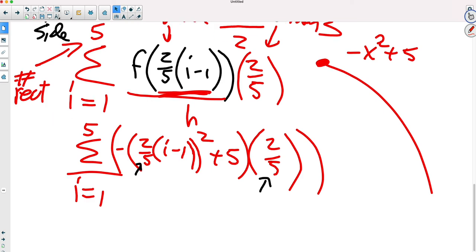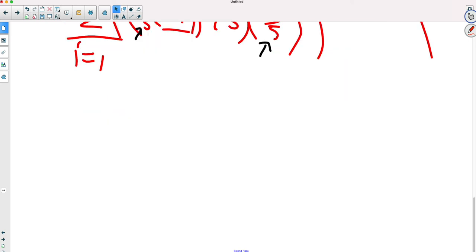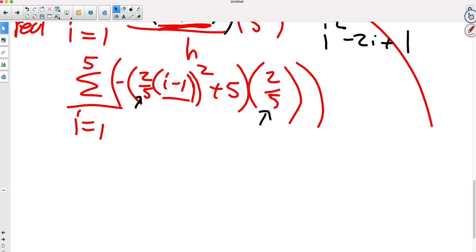So here are the steps. First, we've got to simplify all of this. Well, I hope by now we know what i minus 1 squared is. I can do that off to the side. i squared minus 2i plus 1, right? Yes? Okay, and then I'm going to take that times the negative 2/5.